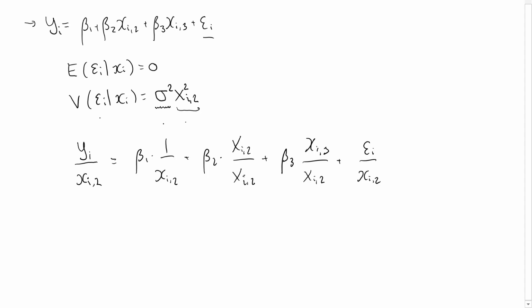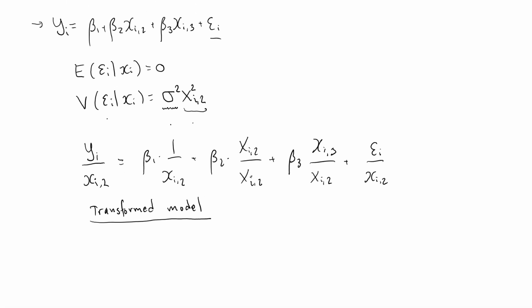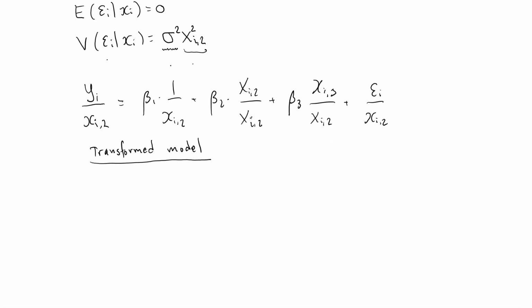For this to make sense, xi2 needs to be a variable that only takes positive values. We are going to call this the transformed model. It's a transformation of the original model.